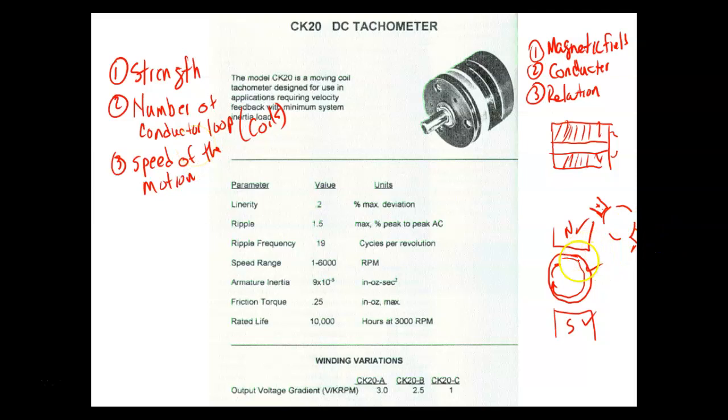So we can't change the strength of the field. That's fixed. We can't change the number of conductor loops because that's fixed. So if this thing spins faster, it's going to generate more voltage. If it spins slower, it's going to generate less voltage. And the voltage we get out of the DC tach generator would be directly proportional to the speed. So we could calculate a transfer function.